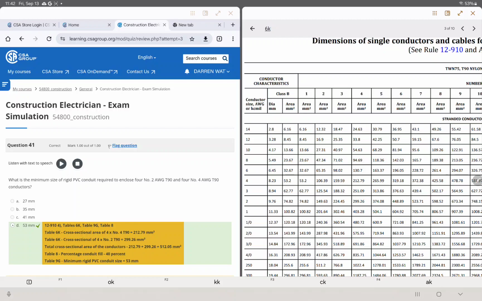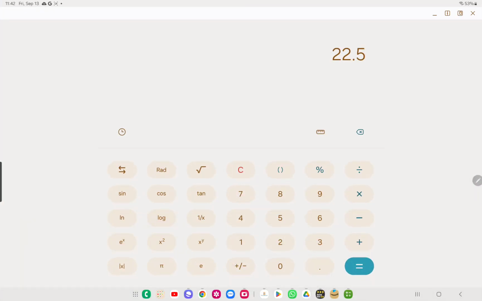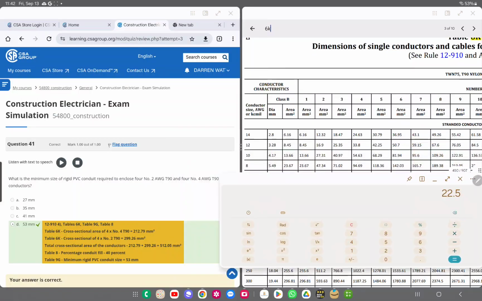So we're gonna add those together. We're gonna add our 212.79 plus our 299.26 equals, for a total of 512.5 millimeters squared. So now we need to go for, because this is for power, so we're looking for 40% fill, and we're going to table 9.